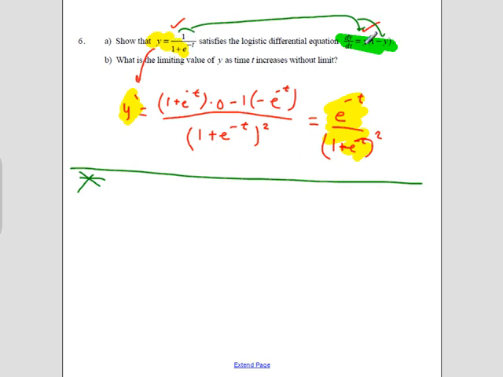But for now, what we're going to do is take this dy dt and substitute those values of y in. So 1 over 1 plus e to the negative t times 1 minus 1 over 1 plus e to the negative t.